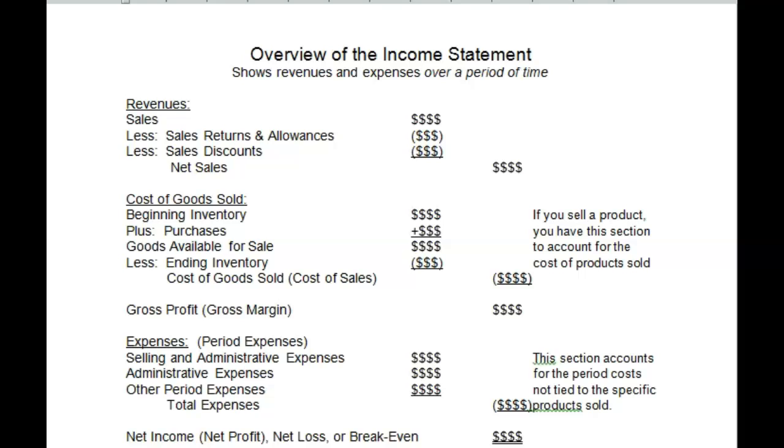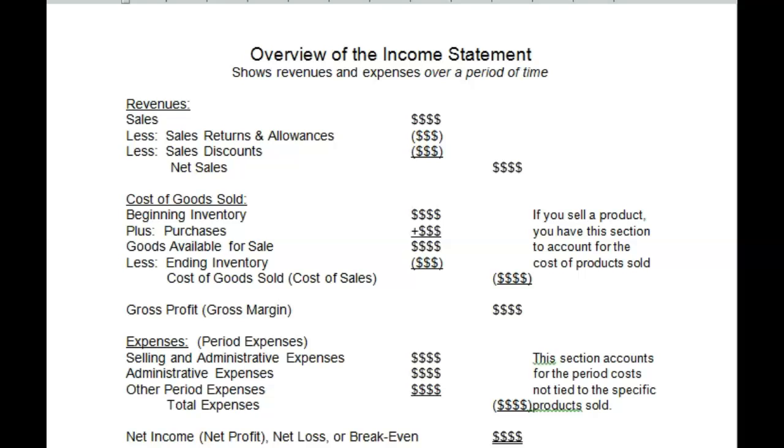So from the net sales, we subtract the cost of goods sold, and that gives us our gross profit or gross margin. Okay. We need to make a profit on what we sell because now we've got to cover some other expenses. We've got to cover period expenses, occupancy, insurance, different expenses of the period that are not tied to a specific product, because if they're tied to a specific product, odds are they're going to be up there in the cost of goods sold section. These are the period expenses that are mainly going to happen regardless of what we sell.